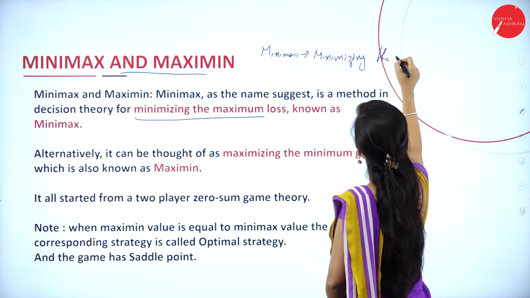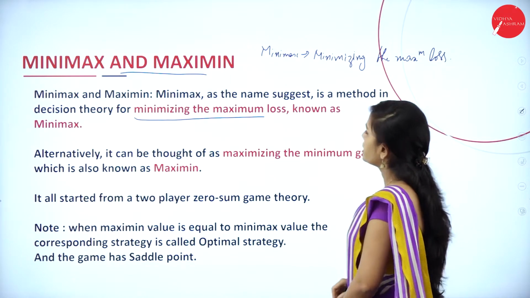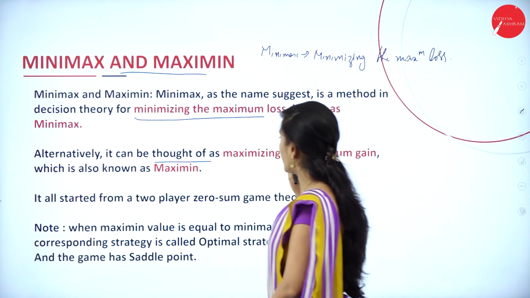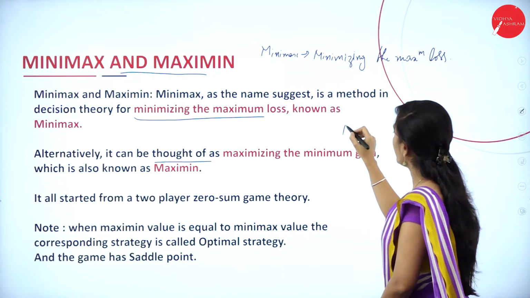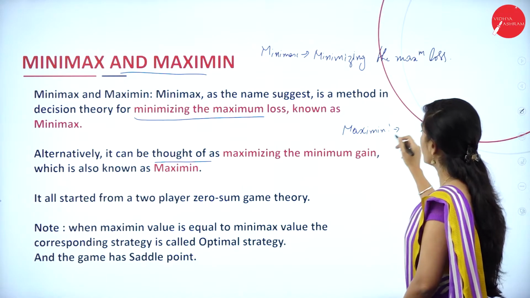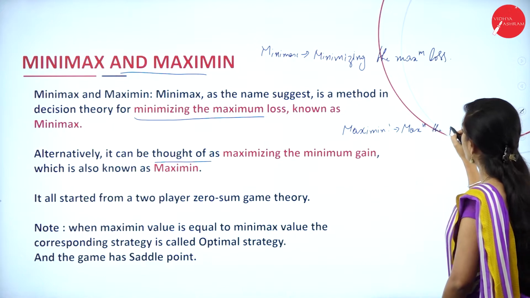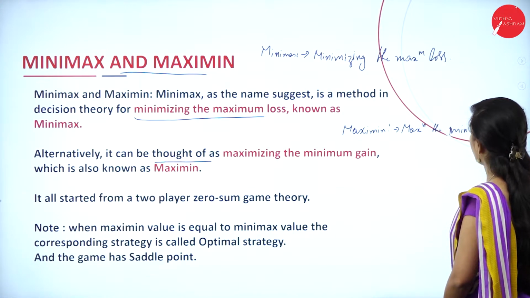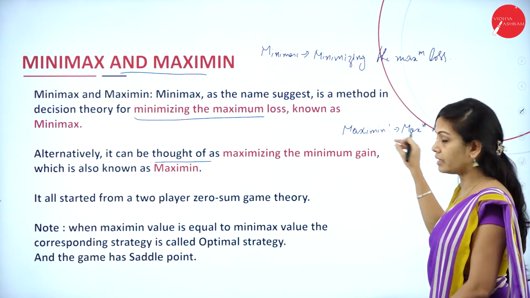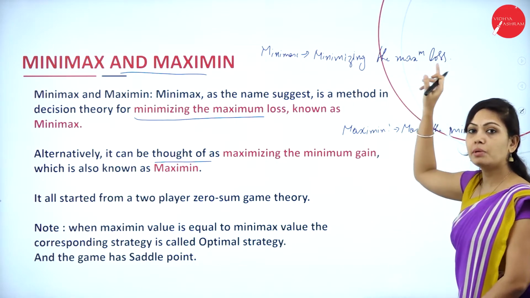Minimizing the maximum loss is known as minimax, and alternatively it can be thought of as maximizing the minimum gain, that means maximin. So here we are maximizing the minimum gain, that is called as maximin, and minimax means minimizing the maximum loss.